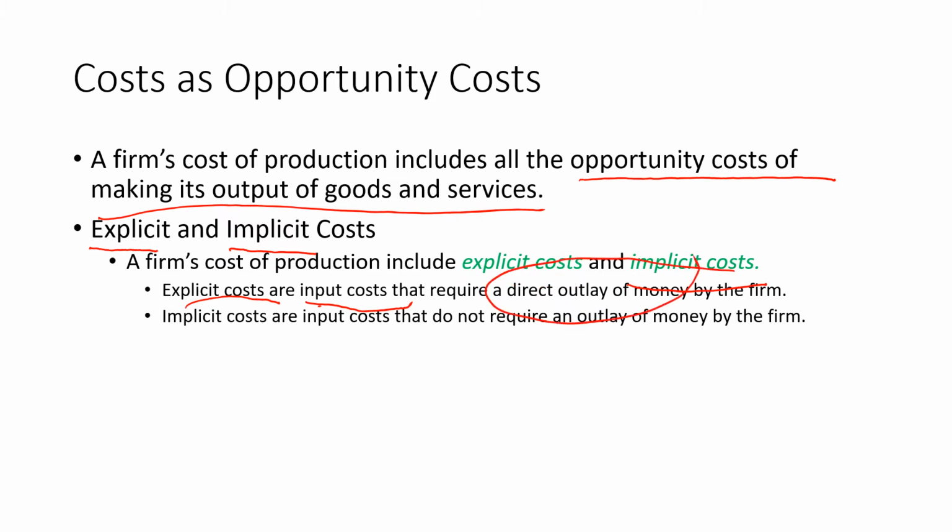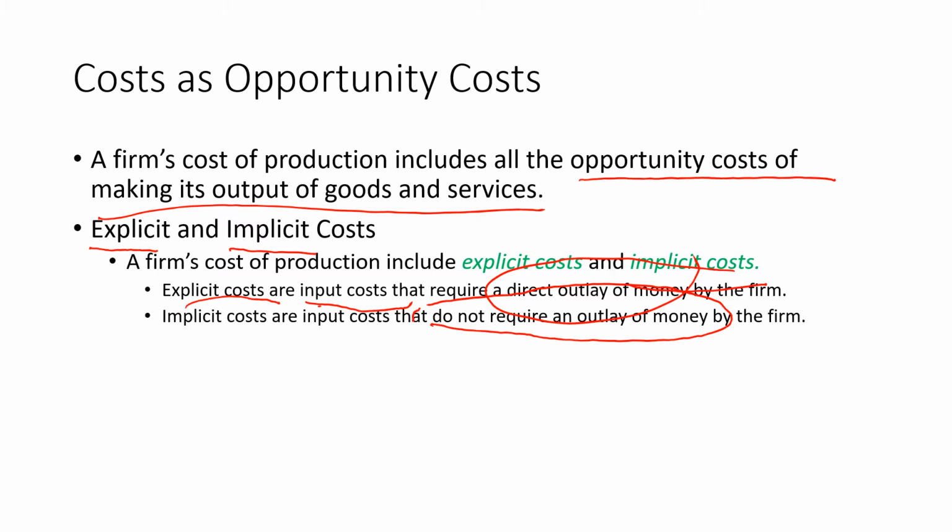So this includes cash. Explicit cost includes money, whereas on the other hand, the implicit cost does not require any outlay of money by the firm. You need to understand this carefully.